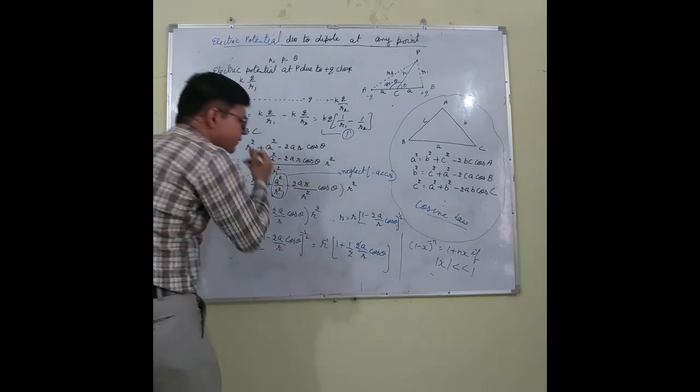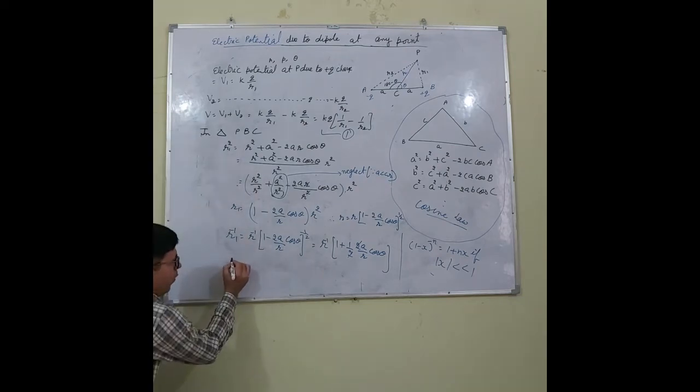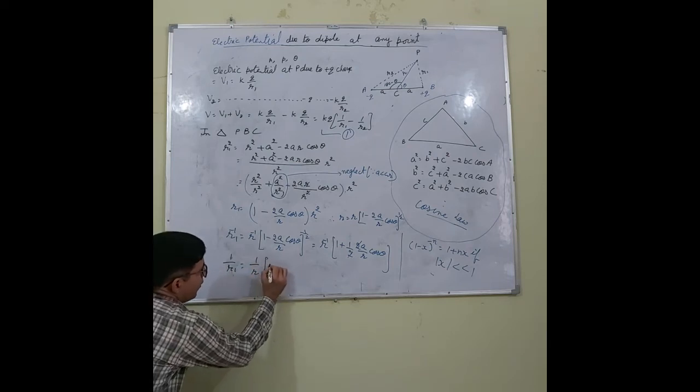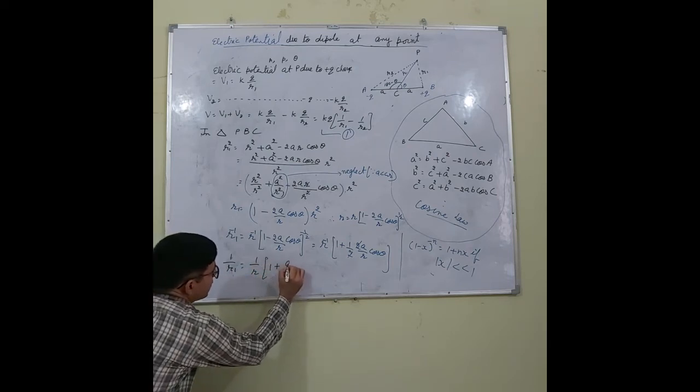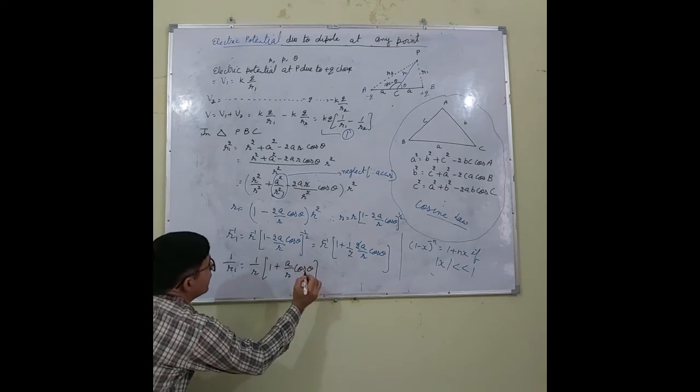This 2 gets cancelled. So 1 plus A by R cos theta. So I can write 1 by R1 equals 1 by R times 1 plus A by R cos theta.